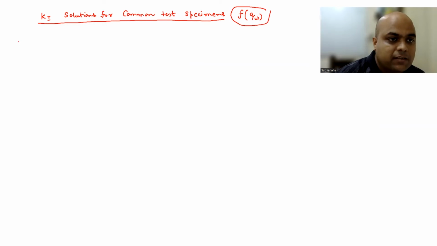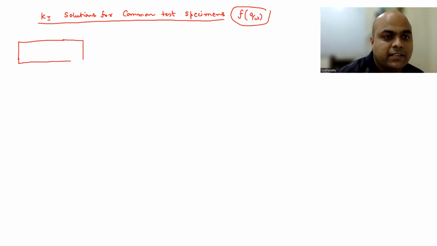The first is the common one we have discussed till now, which is the central crack. You have a plate of width 2W, the load is P, and the crack length at the center is 2A.